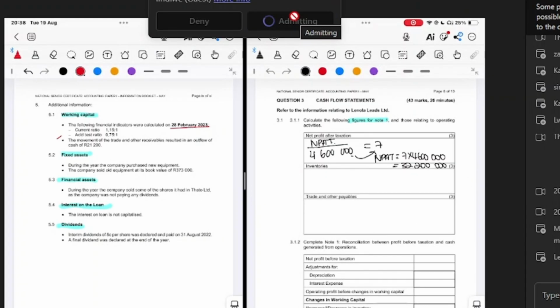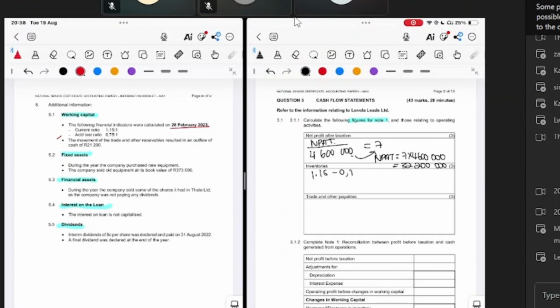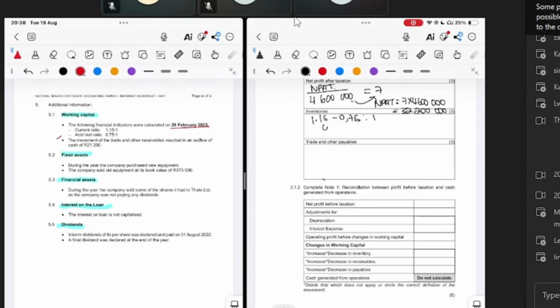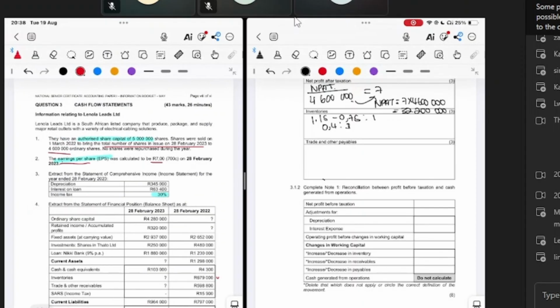So we will take 1.15 minus 0.75 is to 1, and that will give us 0.4 is to 1. So our inventory is 0.4 is to 1 to our current liabilities. Now let's go find our current liabilities.